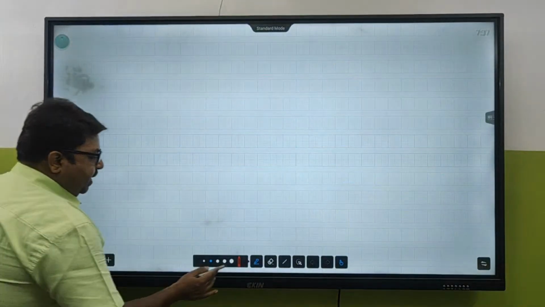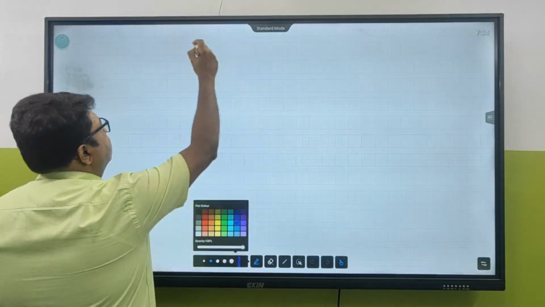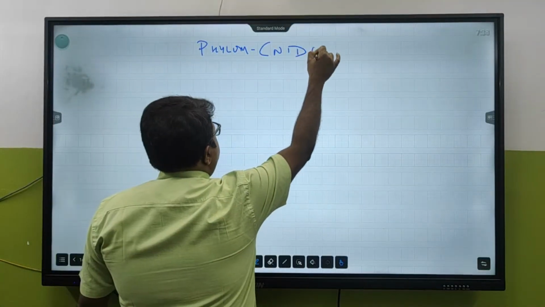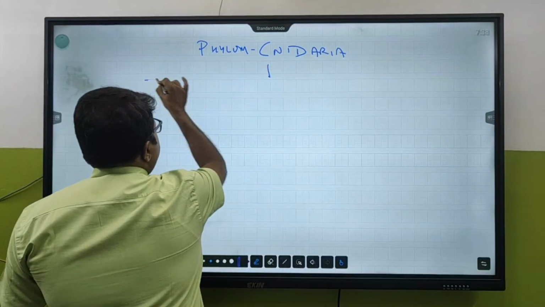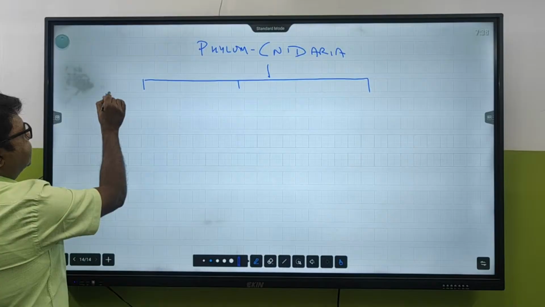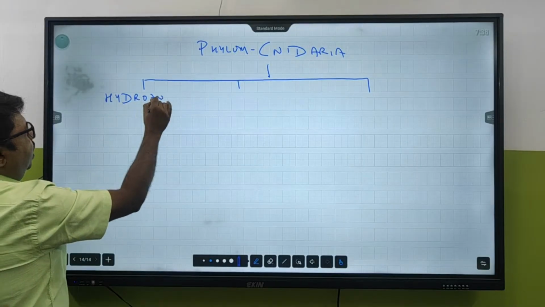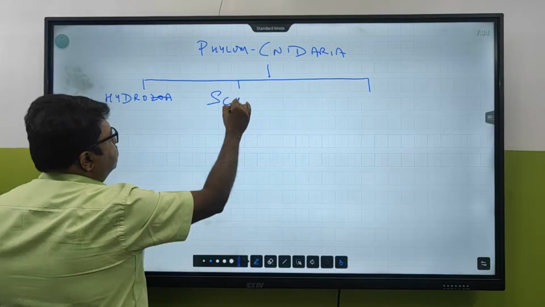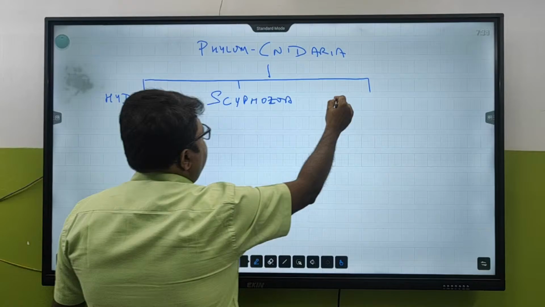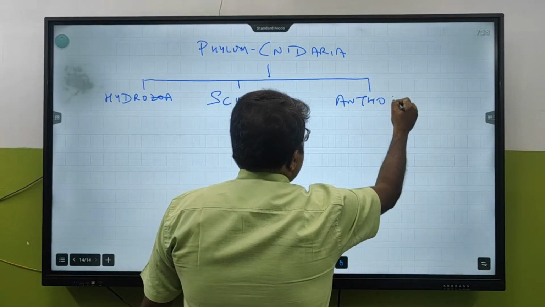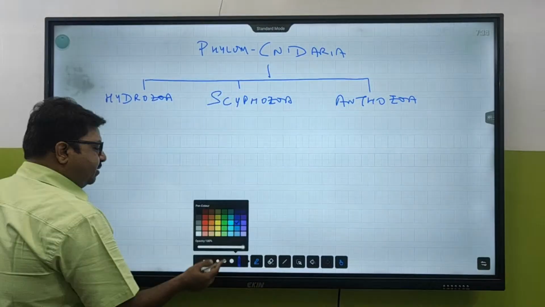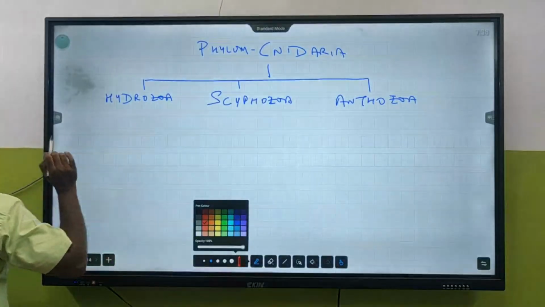Clear? Now, let me tell you about the different classes under phylum Cnidaria. There are three different classes. The first is class Hydrozoa. The next one is Scyphozoa. And the third one is Anthozoa. In the class Hydrozoa, what is unique?